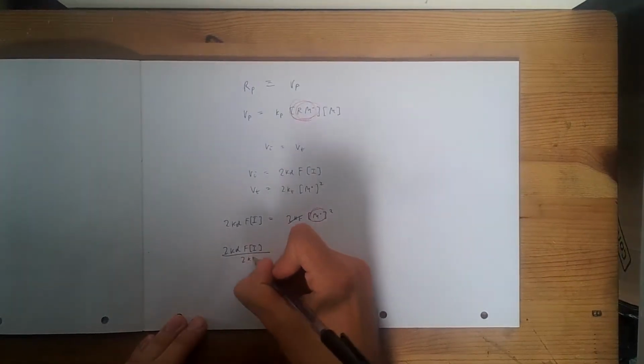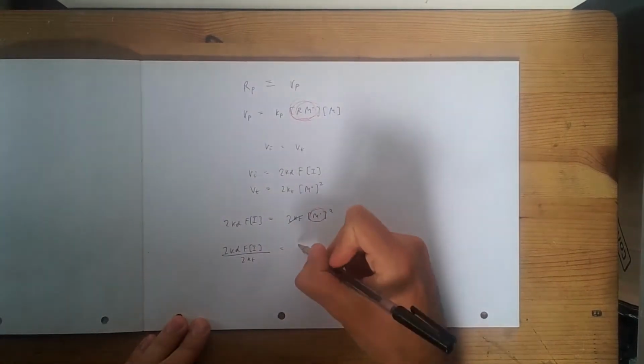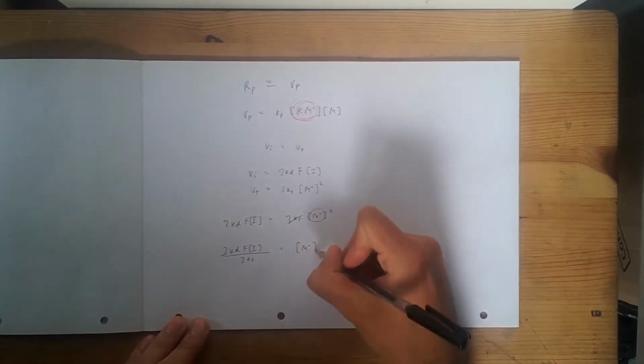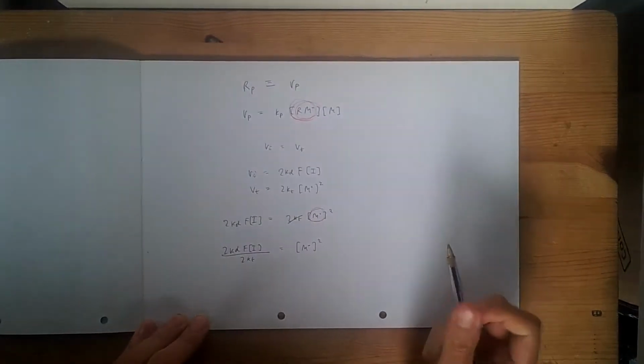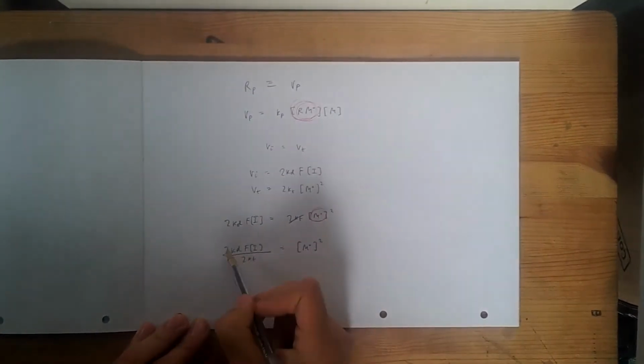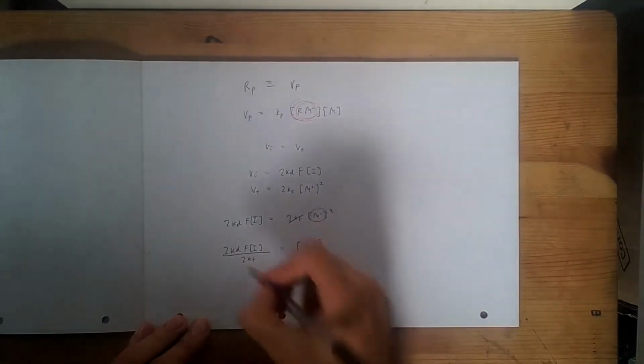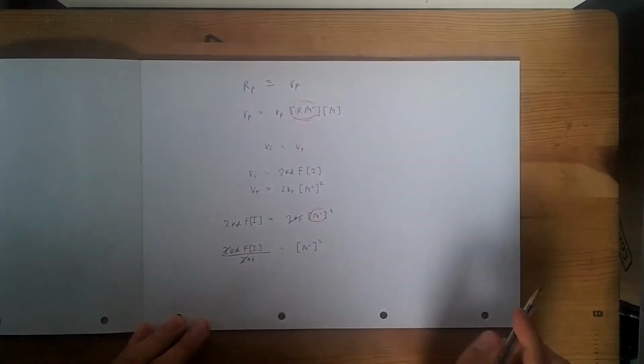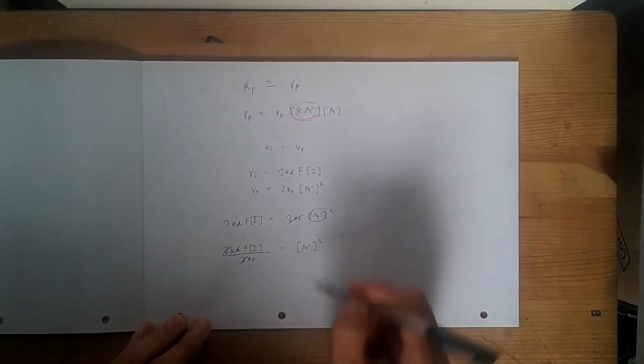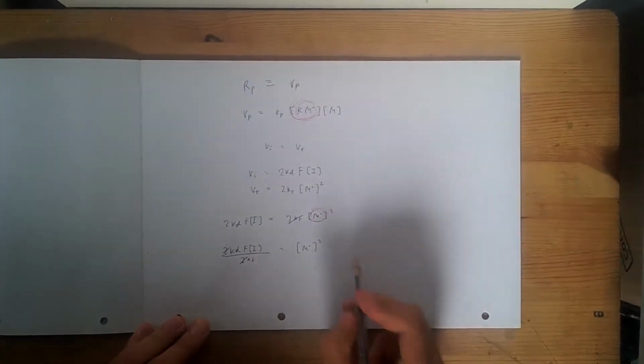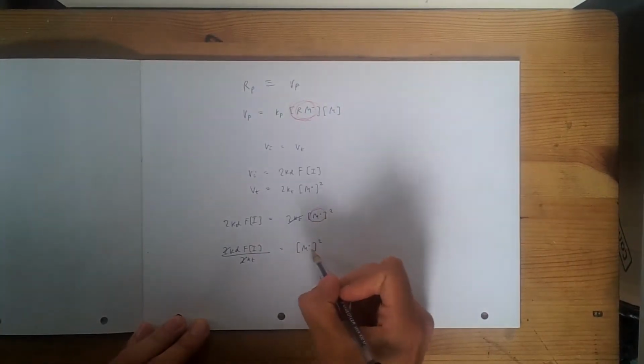over 2kt equals m dot squared, and immediately we can see that there is a 2 on the top and bottom of the fraction, so these can be removed, and the next step is now to square root both sides of this. That will remove the square and just leave us with m dot.